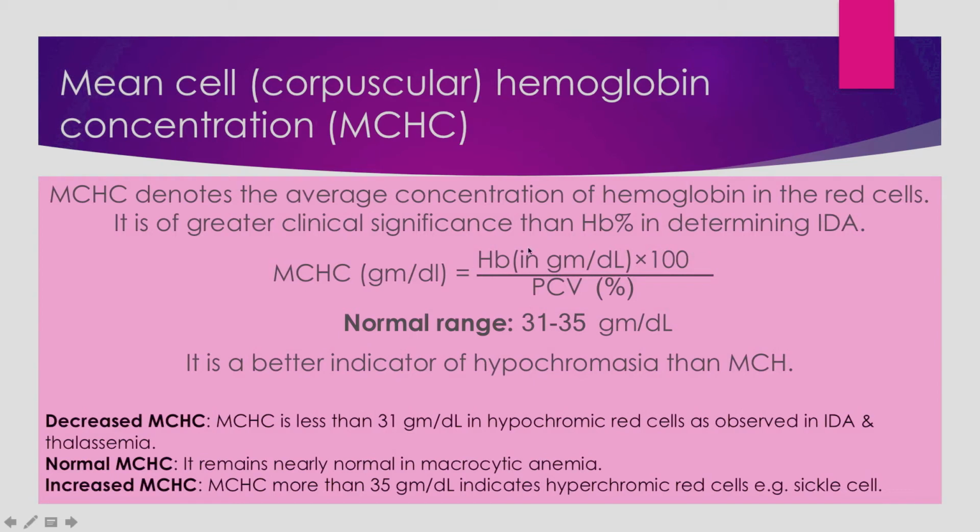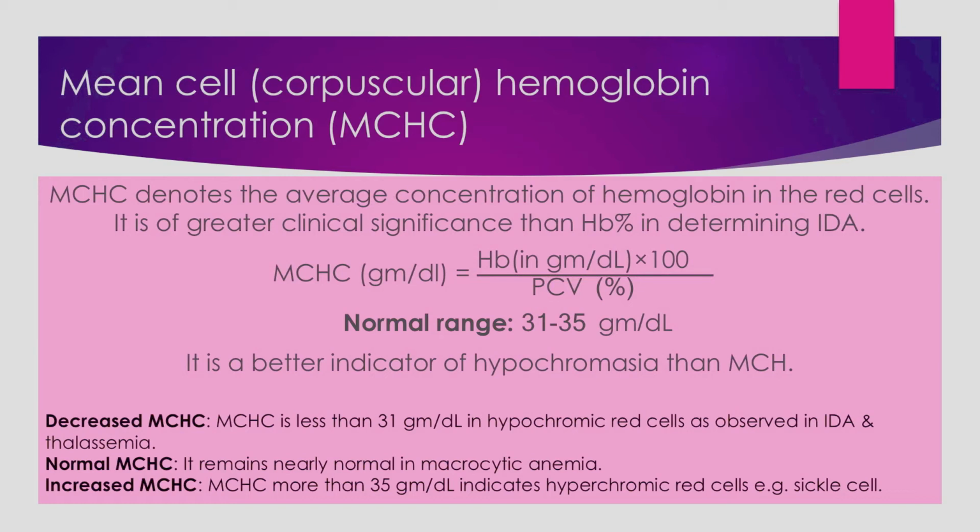It is expressed in gram per deciliter. For example, somebody has 12 gram per deciliter hemoglobin, so 12 multiplied by 100 divided by packed cell volume. We divide that hemoglobin by the average volume of the RBC.